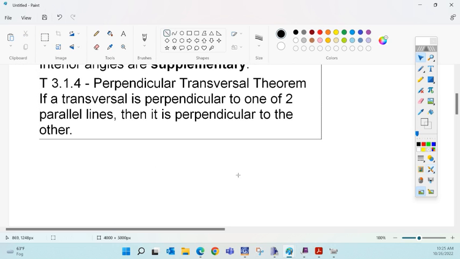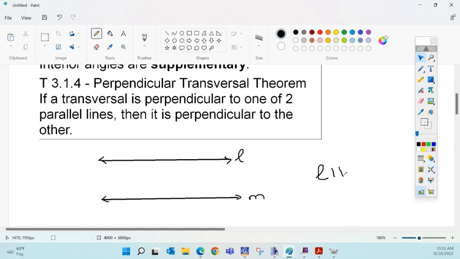Okay, so it says if a transversal is perpendicular to one of two parallel lines. So here we've got two lines. I'm going to tell you that they're parallel to each other. You can draw this somewhere if you want to. I'm going to just tell you that L is parallel to M. I'm confused. What's that little swirl? This is just an L. It's a cursive L. So I'm giving you that these two lines are parallel.